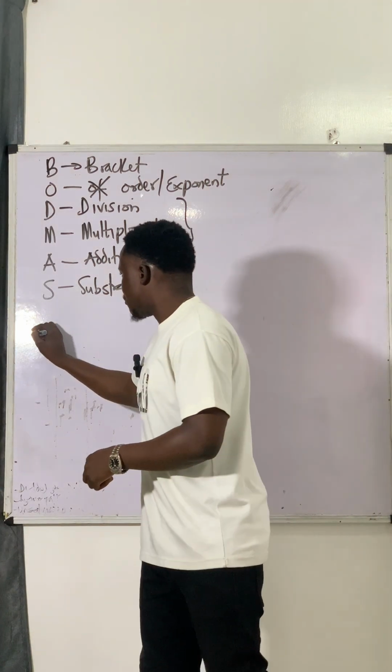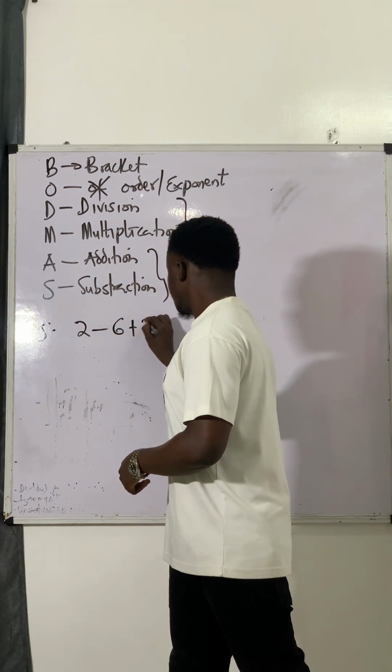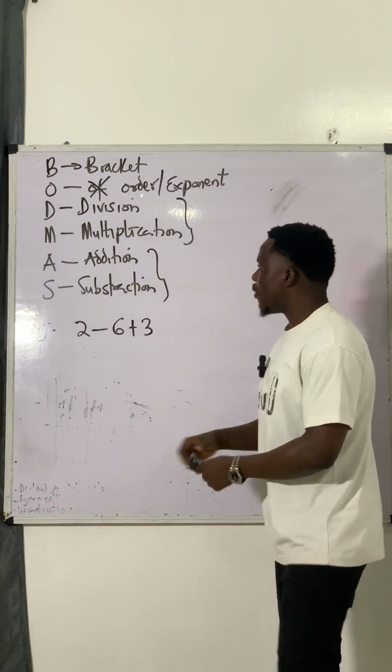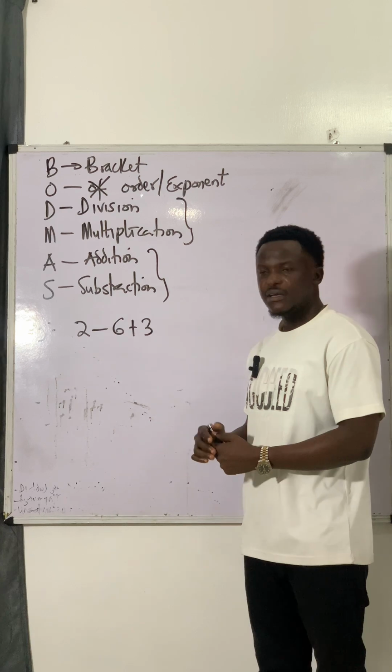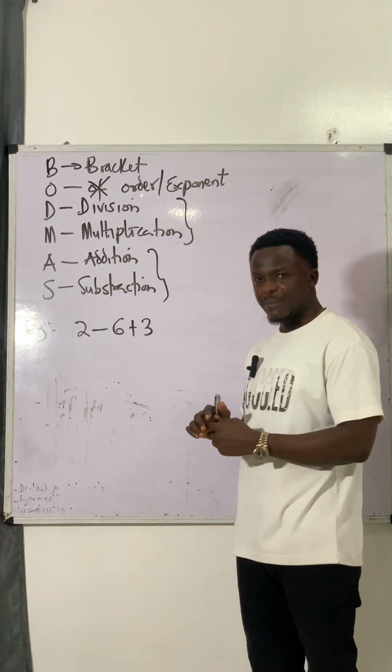Now, let's take an example. Evaluate 2 minus 6 plus 3. If you're to go with the concept that addition is supposed to come before subtraction, what will be your answer? But let me explain this.